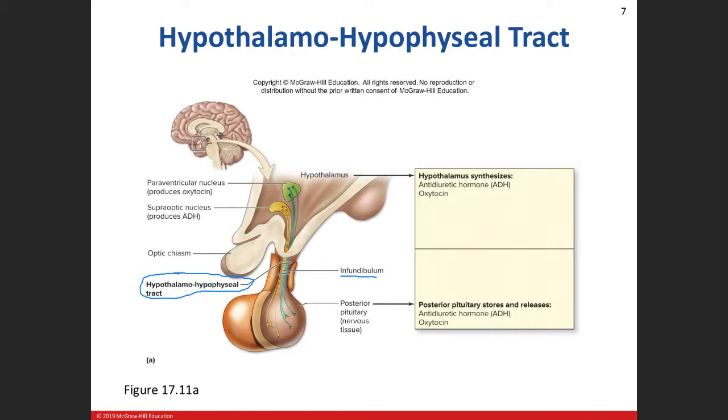It's a lot, but it just tells you hypothalamus and hypophysis. The first part, hypothalamo, and the second part, hypophyseal, has to do with the hypophysis or the pituitary gland. It's a mouthful. It's not even easy for me to say, and I teach this stuff.